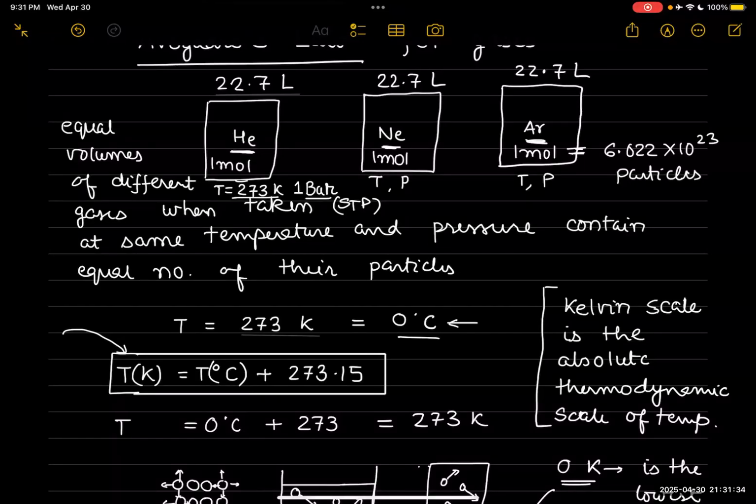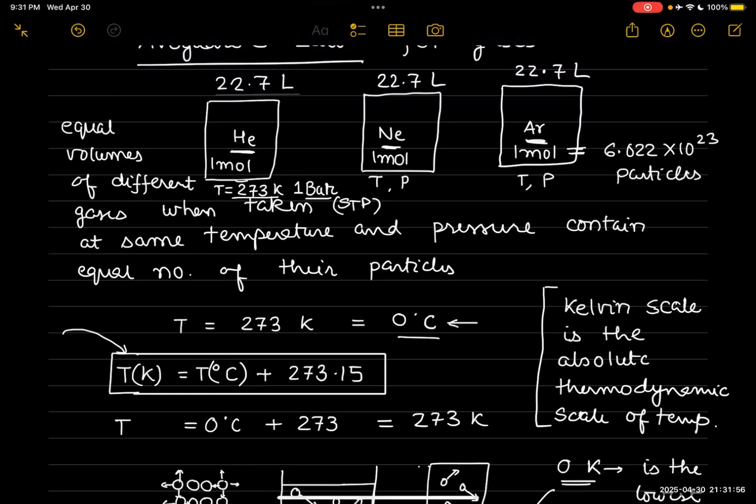If you apply more pressure, the volume will decrease. Just like a balloon: if you try to compress it, its volume contracts and the pressure increases. So only if the pressure is the standard 1 bar do you use 22.7, or else you have to use Avogadro's number.